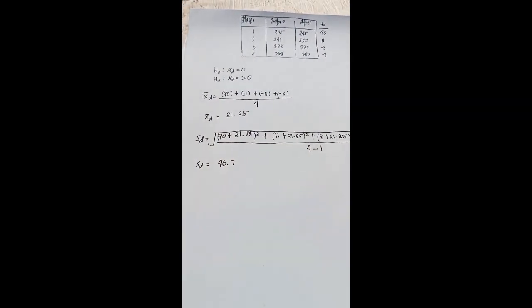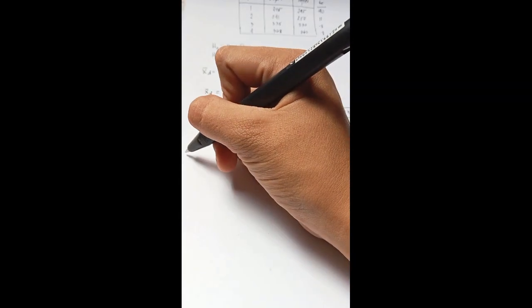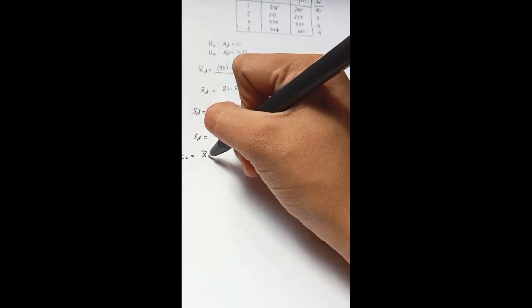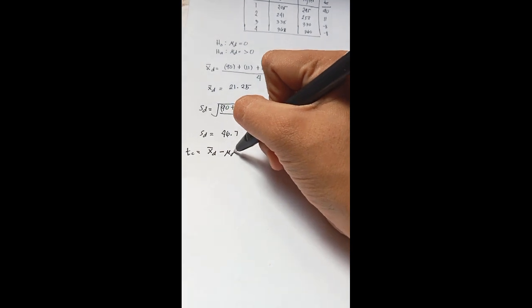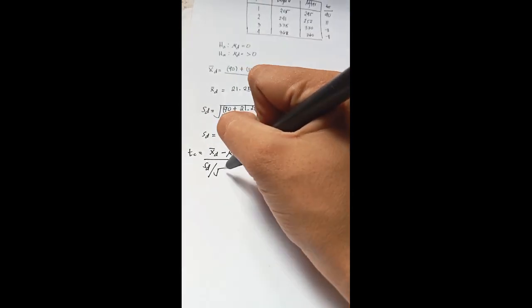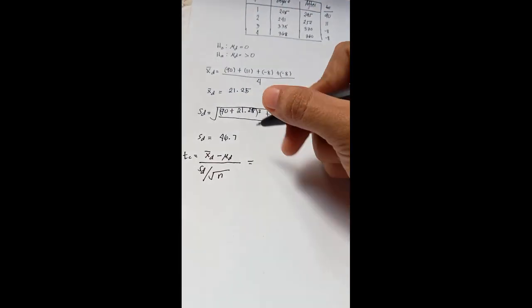Okay, now that we have the sample standard deviation and the sample mean for the differences, we need to get our test statistic. First the formula: t equals x bar d minus 0, over s_d over the square root of n.